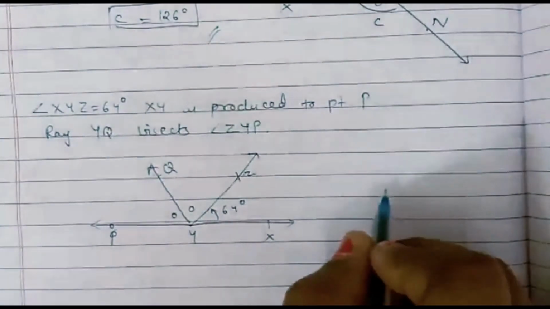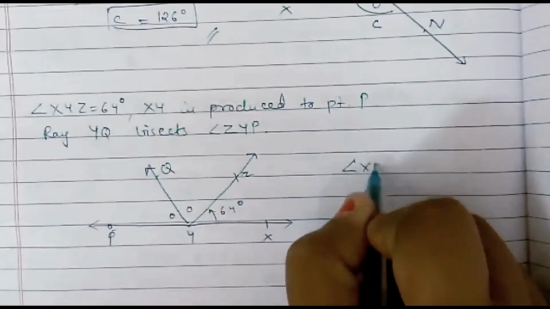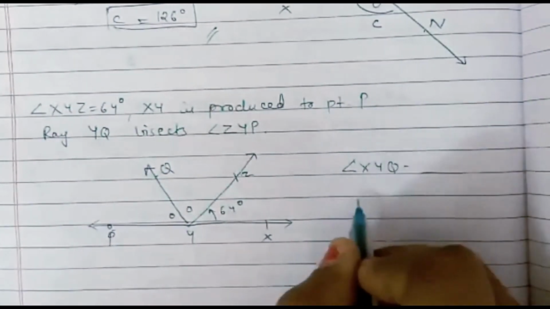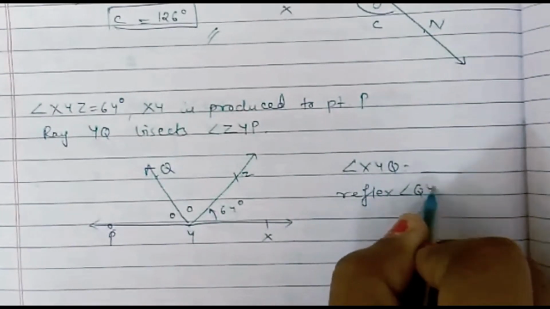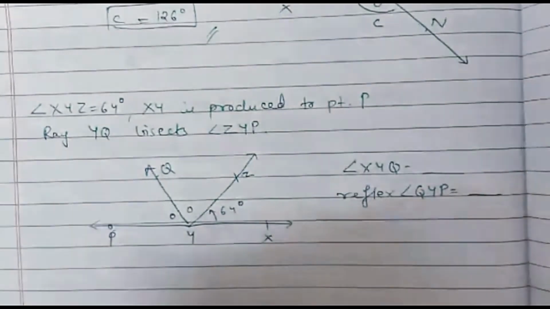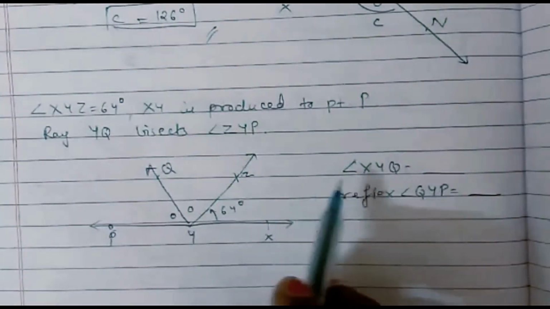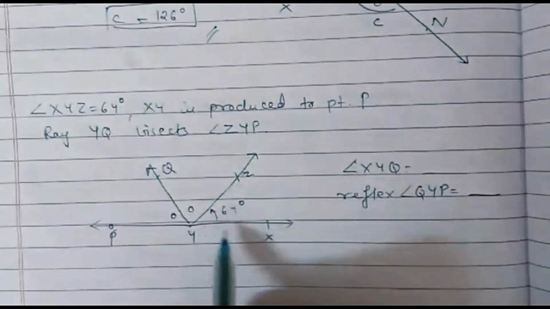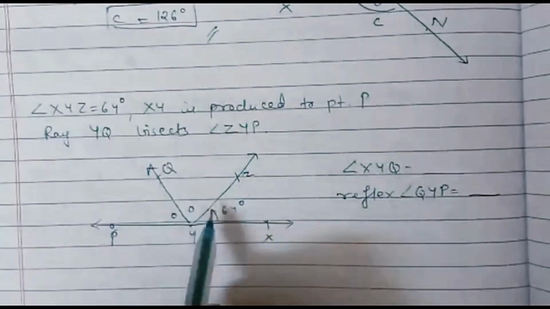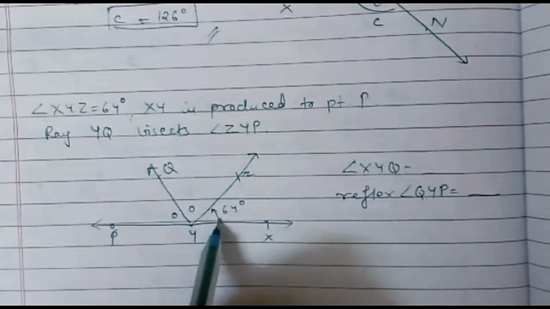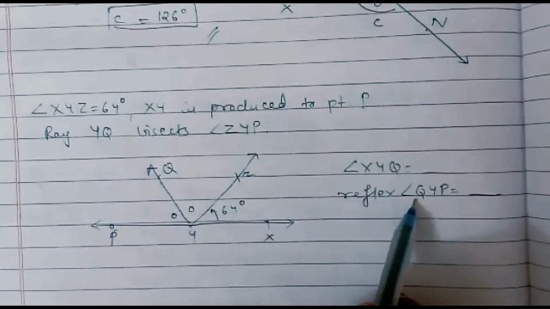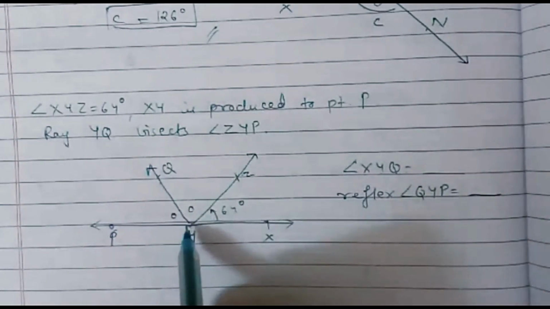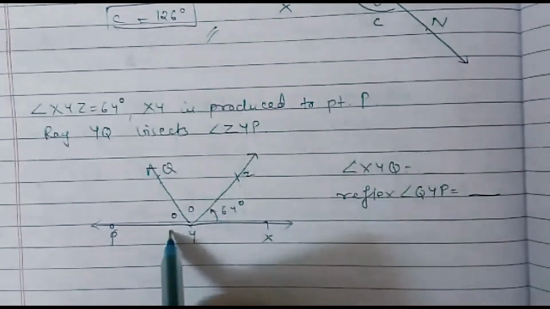The question is to find the measure of angle XYQ and the reflex angle QYP. So let us do it orally first. Now what is XYQ? So this XYQ will include two angles, XYZ and ZYQ, right? And second is reflex QYP. So QYP will be this upper part.